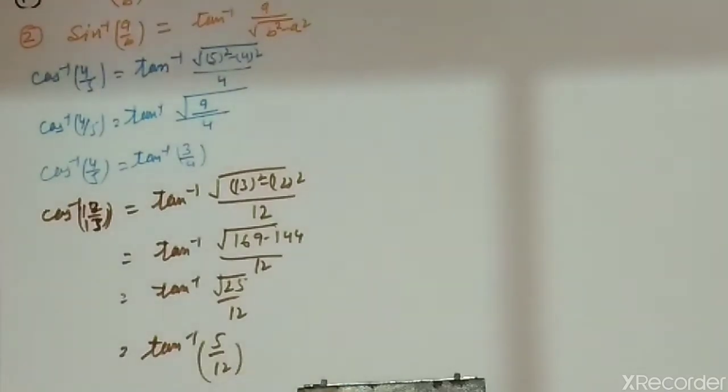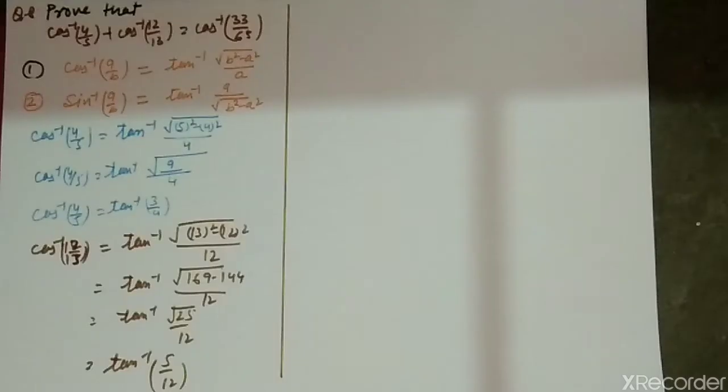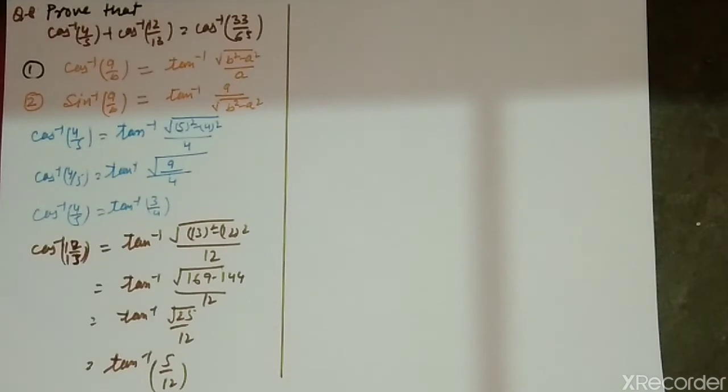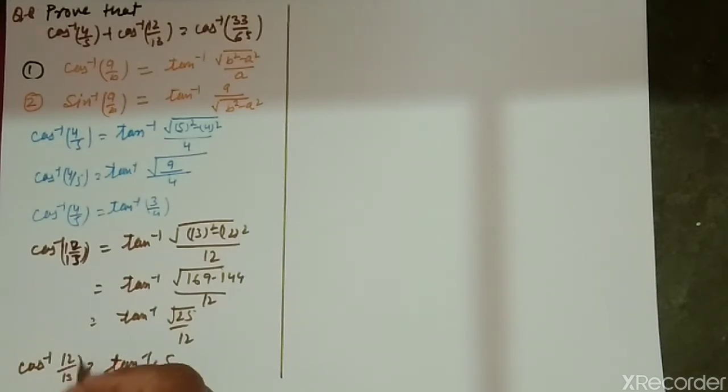Clear? Now we get cos inverse 4 upon 5 is equal to tan inverse 3 upon 4, and cos inverse 12 upon 13 is equal to tan inverse 5 upon 12.